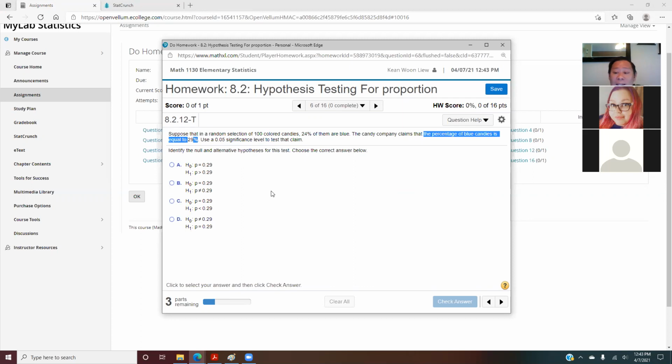So in your hypothesis testing, you find that the null value here is 0.29. This 0.29 came from your claim statement, which is the 29% here, not the 24%, because this 24% only comes from a selection. This is just a sample, but this is a claim statement. So when you write your hypothesis statement, you use this. Now, the equal is the one that we have, and the one that is against it is always not equal to.